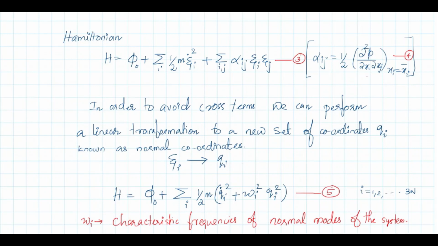Now, this ωi are the characteristic frequencies of normal modes of the system, and this i can take values 1, 2, 3, etc. up to 3n.